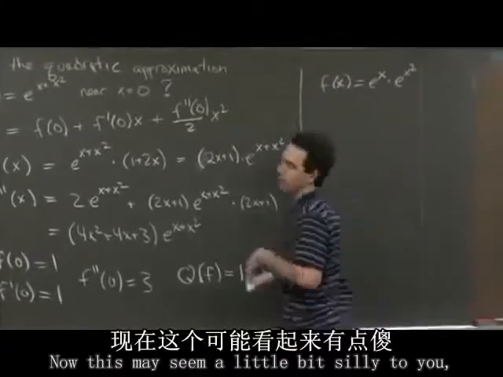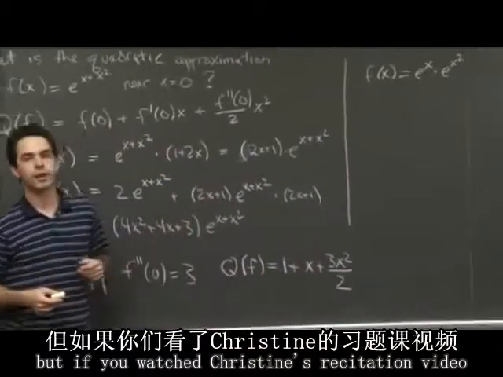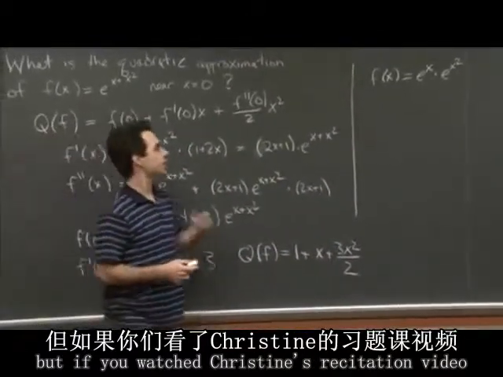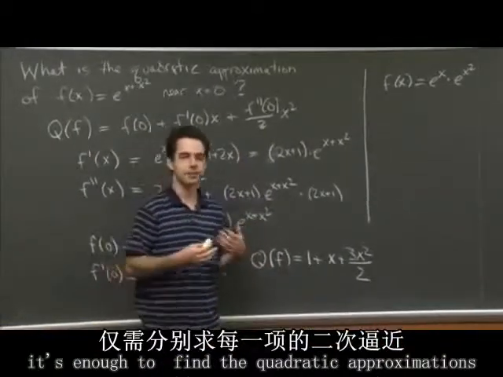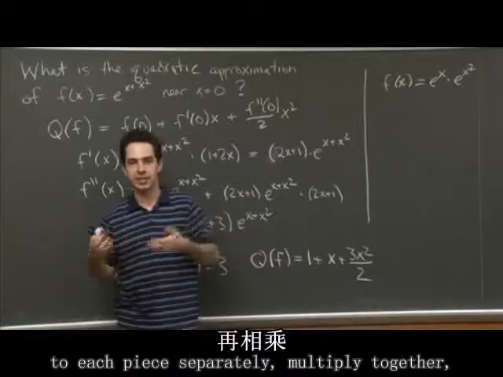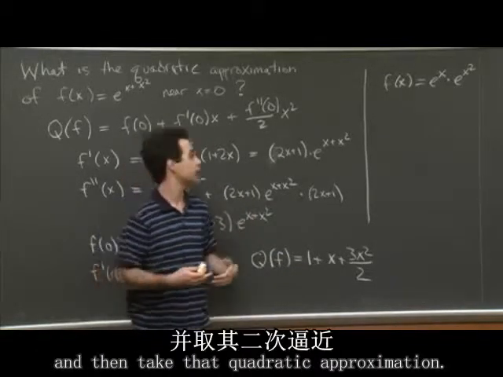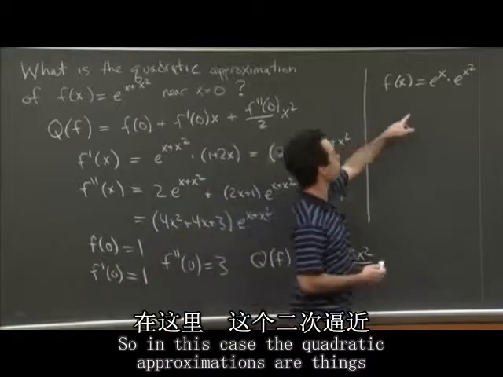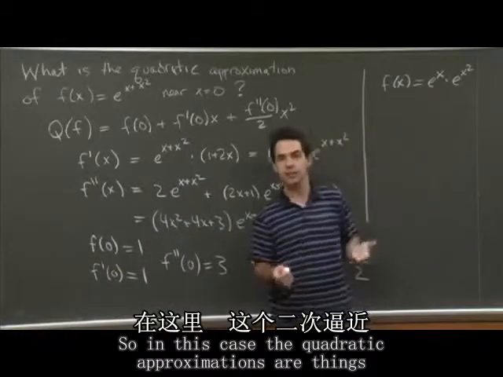Now, this may seem a little bit silly to you, but if you watched Christine's recitation video, you saw that to find the quadratic approximation to a product, it's enough to find the quadratic approximations to each piece separately, multiply them together, and then take the quadratic approximation of that. In this case, the quadratic approximations are things you might already know.